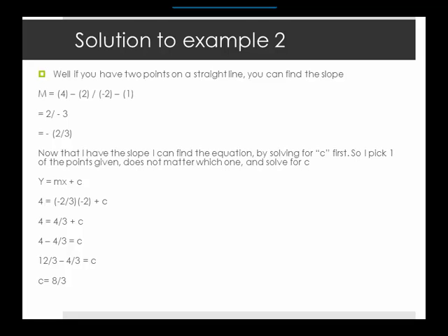As you will notice, I simply took one of the 2 points and substituted y and x, and put in the m that I just calculated above. And therefore, the straight line equation, which must be represented in the form of y equals mx plus c, is y equals negative 2 over 3 x plus 8 over 3.